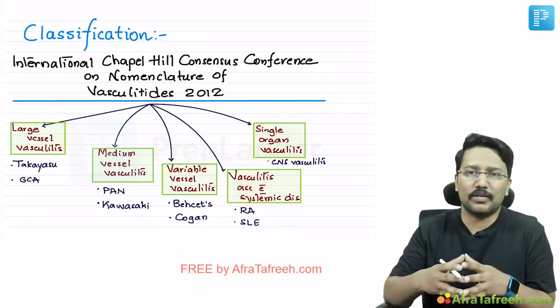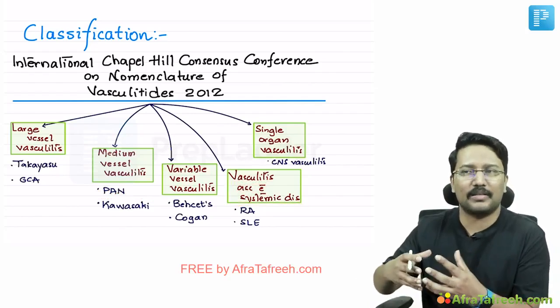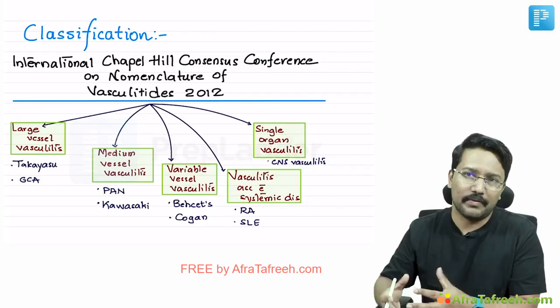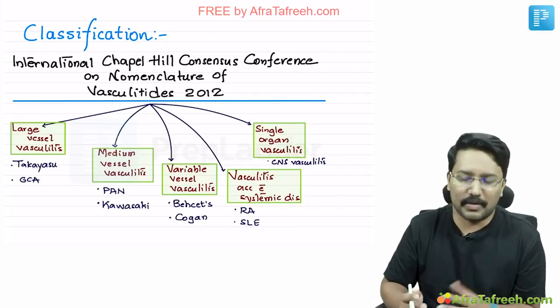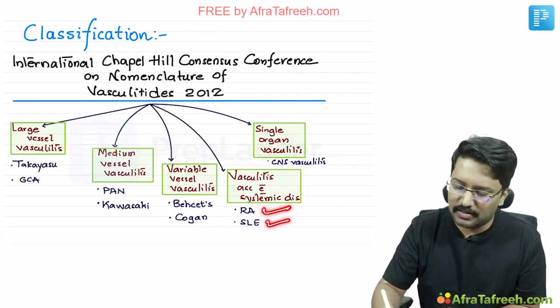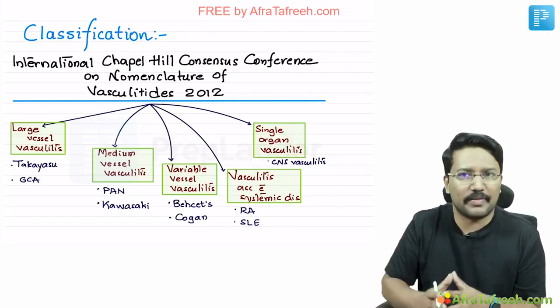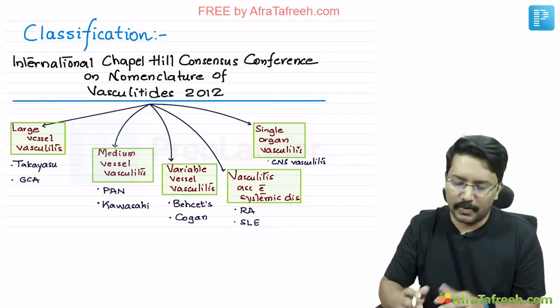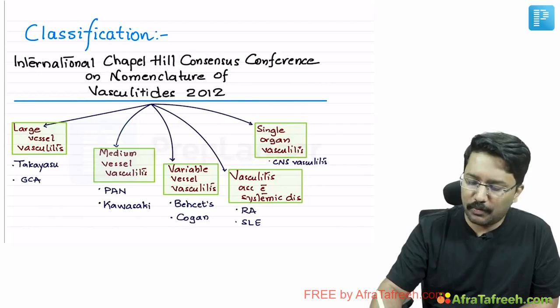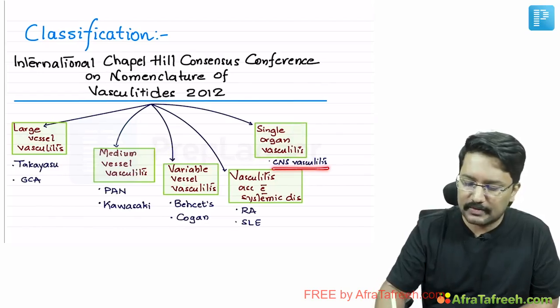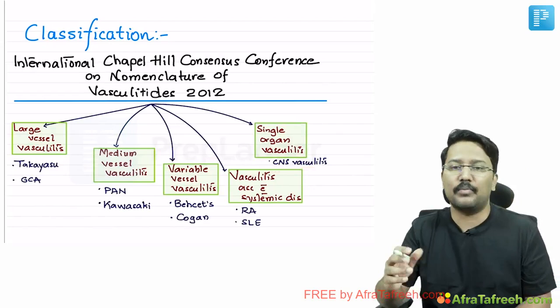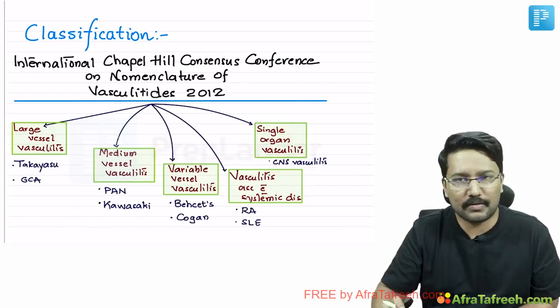Basically, these are disorders where there is some primary disorder causing the vasculitis. The typical examples are rheumatoid arthritis and SLE. In both these cases, we can see vasculitis. Then one example I want you to remember for single organ vasculitis is CNS vasculitis, a classical example.